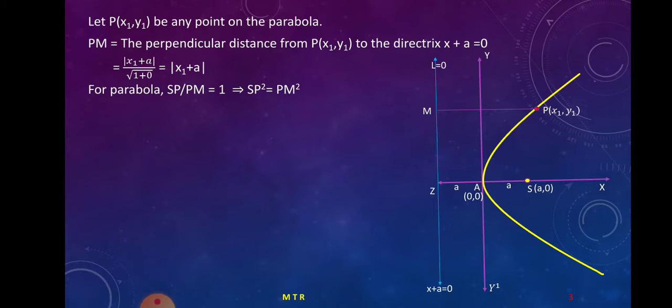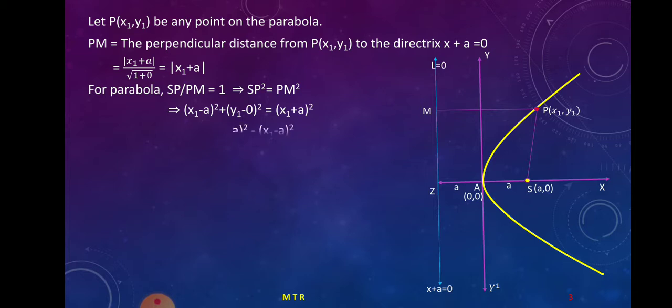Squaring on both sides, SP square is equal to PM square. Now what is SP? Yes, the distance between S and P. Here S is (a, 0), P is (x1, y1). So SP square is (x1 - a) whole square + (y1 - 0) whole square, which is equal to PM square. PM is modulus of (x1 + a), so (x1 + a) whole square is PM square.